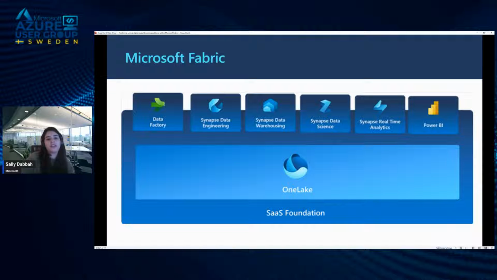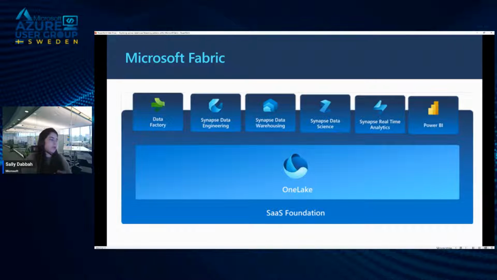Also, developers can easily access and reuse all assets, and we also got a unified data lake that allows you to retain the data where it is while using your preferred analytics tools. And I'm going to elaborate about OneLake in the next few slides. And with the Microsoft Fabric SaaS experience, all the data and services are seamlessly integrated.